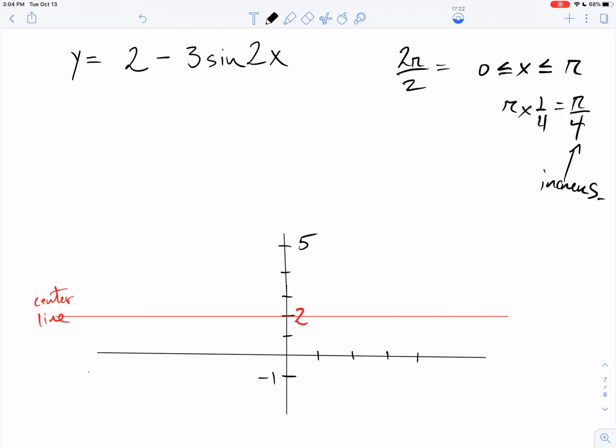So I start here at 0, and then I'm going to go pi fourths. Then I'm going to go 2 pi fourths, let's reduce. 3 pi fourths. 4 pi fourths, let's call it pi. I'm going to go backwards. I'm going to go back and do it on this side. I can do that if I want, as long as, whoop, negative.